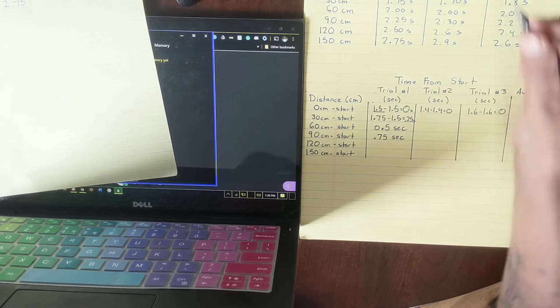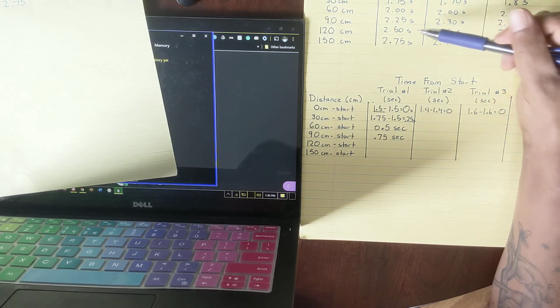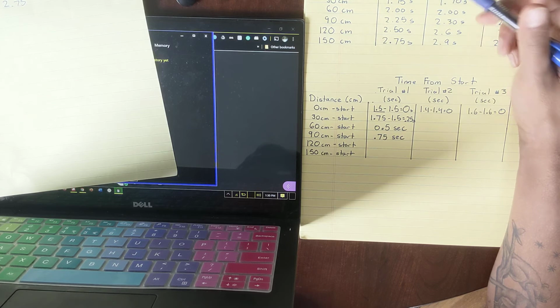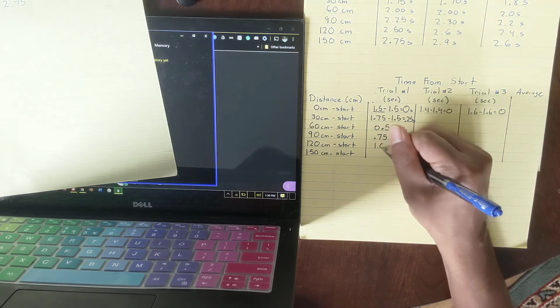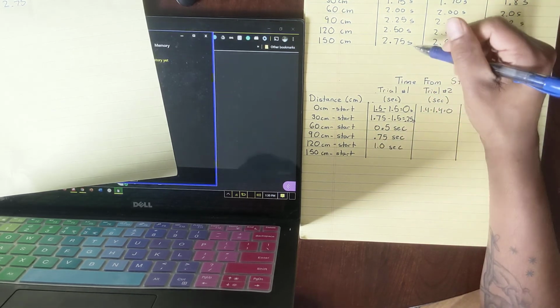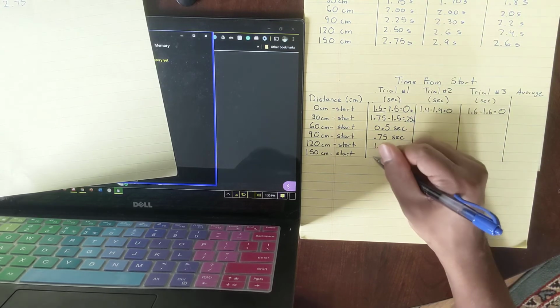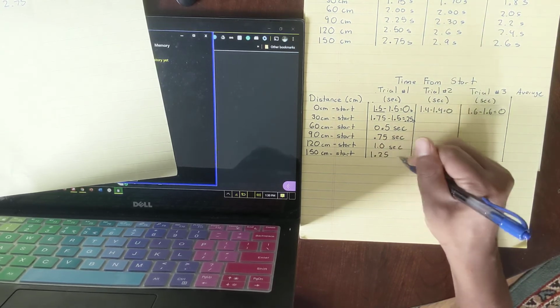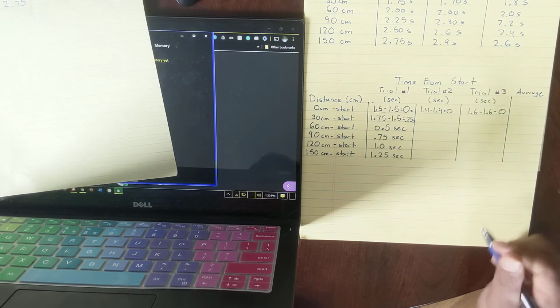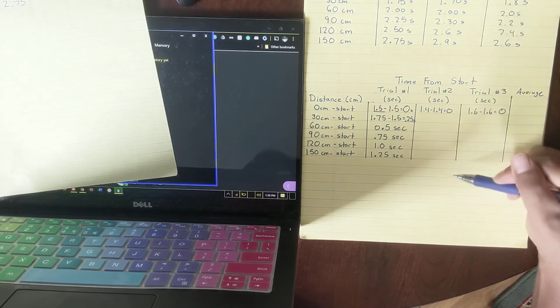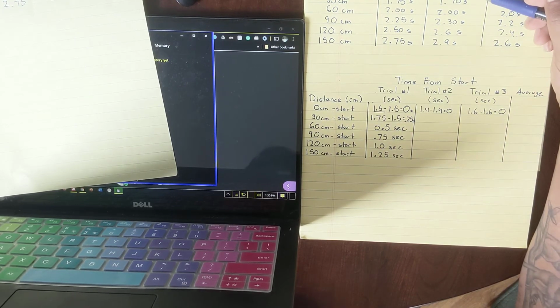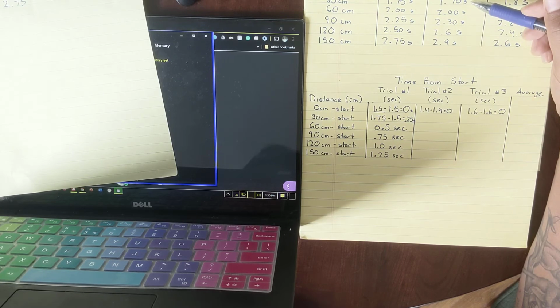If you want to do the subtraction in your calculator, that's totally fine. 2.5 minus 1.5 is 1.0 seconds. And 2.75 minus 1.5 is 1.25 seconds. Okay, so you're going to repeat that process for each trial using that trial's starting time and subtracting it from each distance's recorded time.